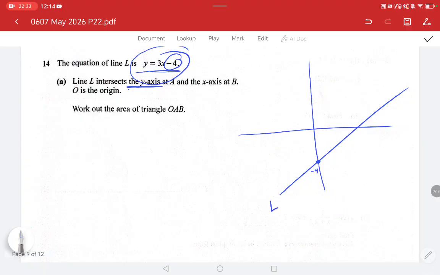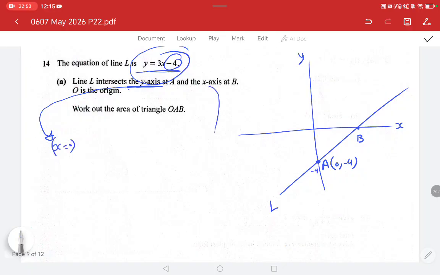So the line L intersected the y-axis at A. So y-axis, it means this one at A. So this one is A. A is like 0 and -4. Okay, this is A. And the x-axis at B. So this one is B. Intersecting the y-axis means x equals 0.